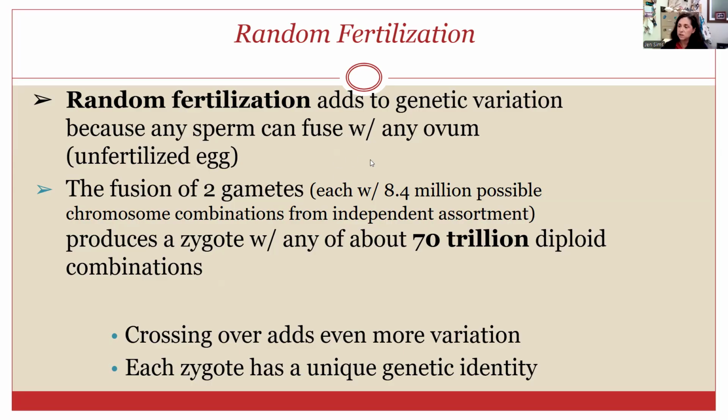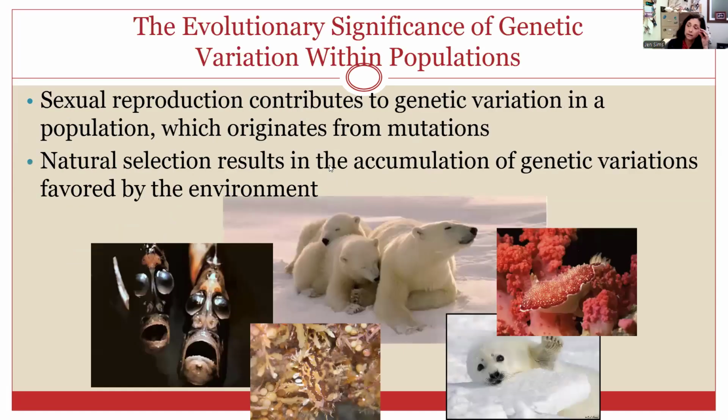So each zygote has a unique, in air quotes, because I guess it is possible, 1 in 70 trillion genetic identity. And again, this is the source of genetic variation within our populations. This is the source of natural selection. This is the source of diversity in our world.